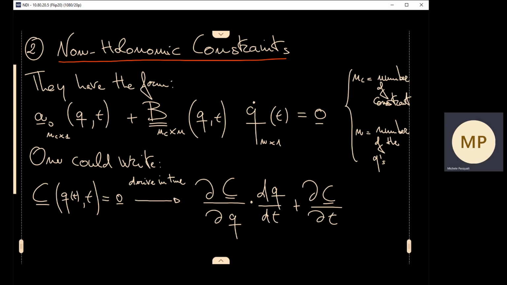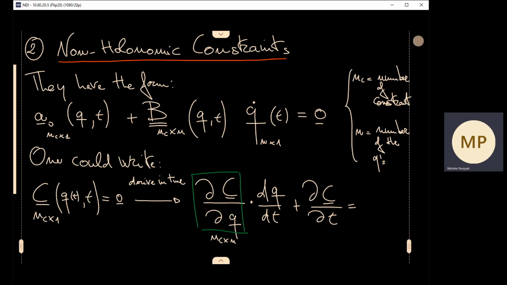Now you can easily see one thing. This C, I said, is an nc times 1 vector. So it means that this is an nc times n matrix, because it's a derivative with respect to the n q's.